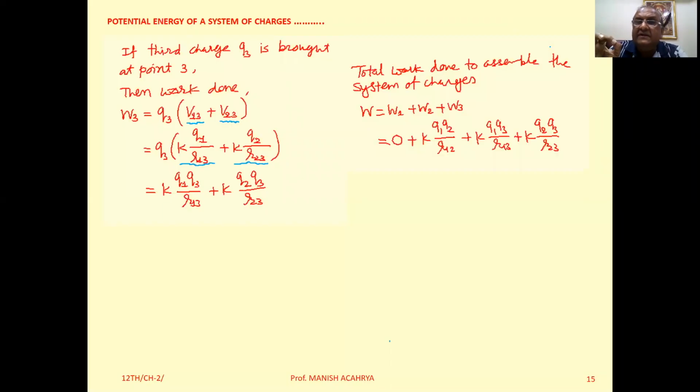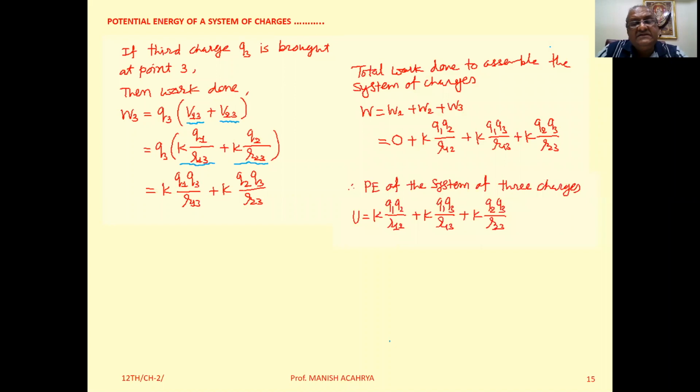So the total work done to assemble the system of these three charges is W equal to W1 plus W2 plus W3. That total work done is stored in the form of potential energy. W1 equals 0, W2 is KQ1 Q2 upon R12, and W3 is KQ1 Q3 upon R13 plus KQ2 Q3 upon R23.